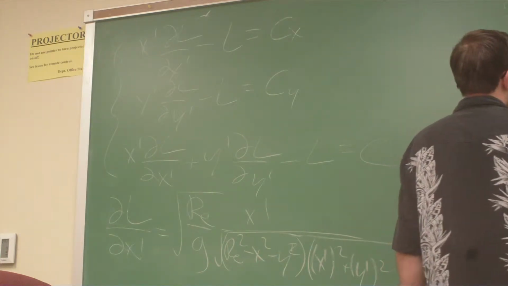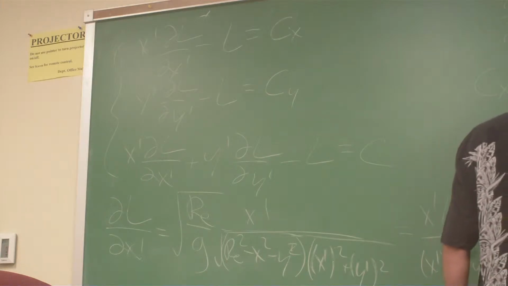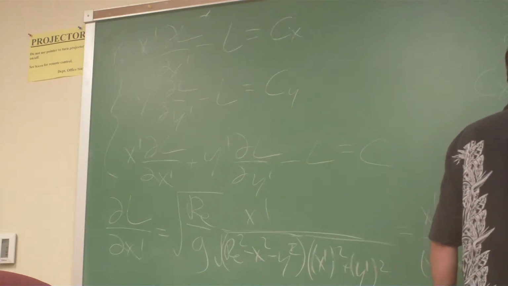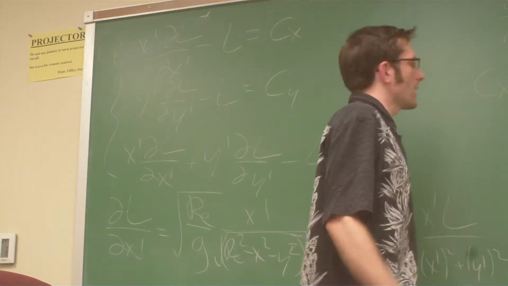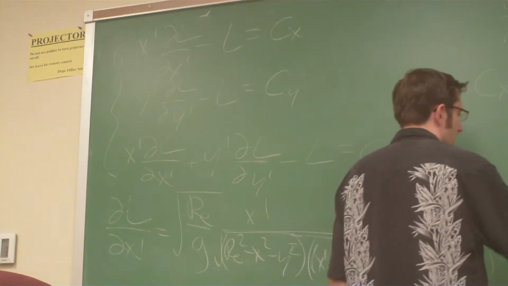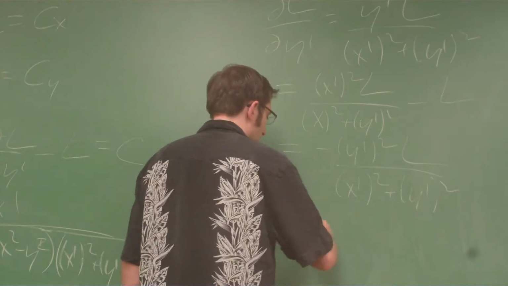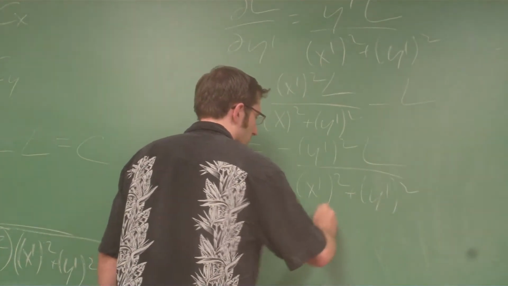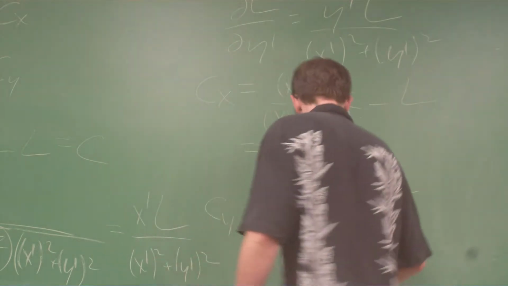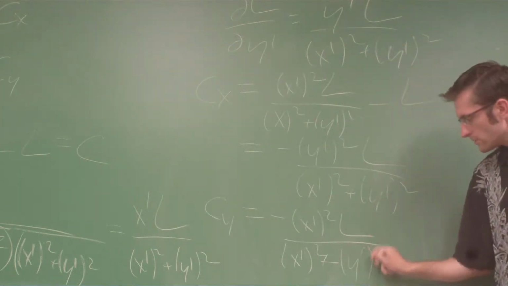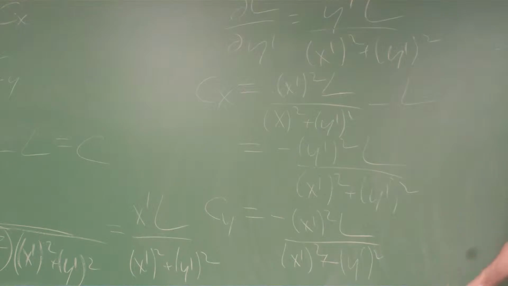We end up with minus y prime squared L over x prime squared plus y prime squared, like that. And then for Cy, we get the same thing: minus x prime squared L over x prime squared plus y prime squared. So these are two constants, right? Two constants of motion. Watch what happens when we add them together.